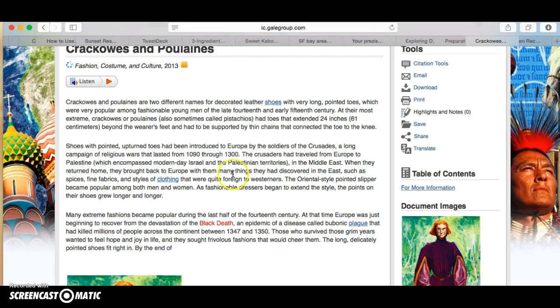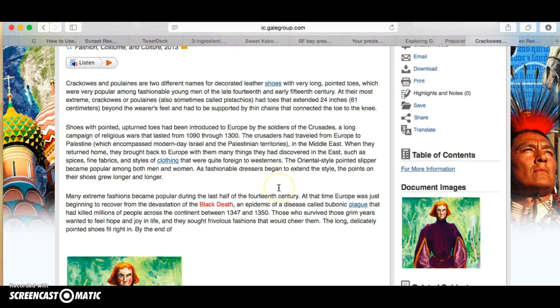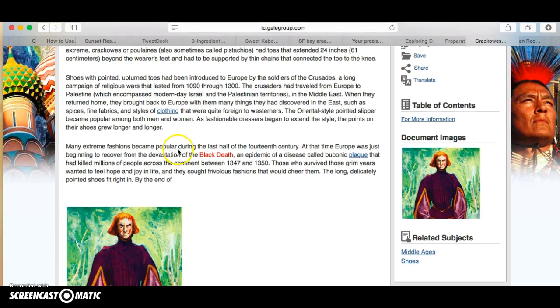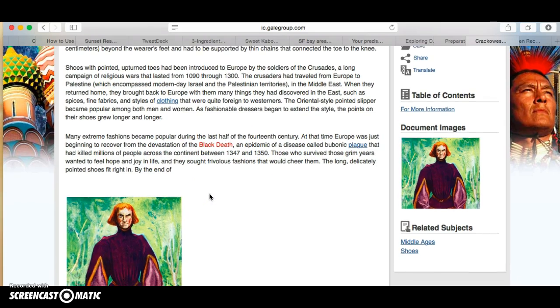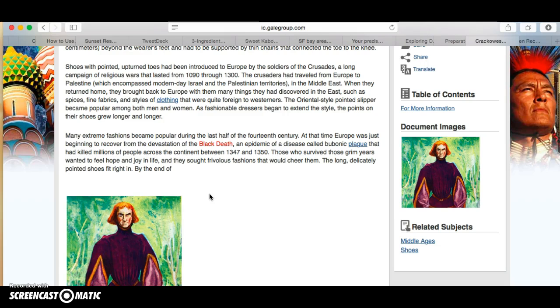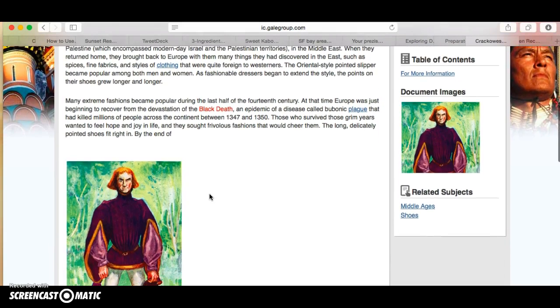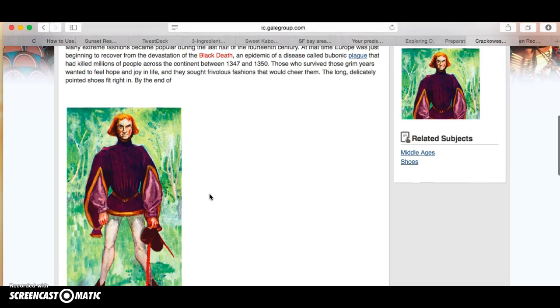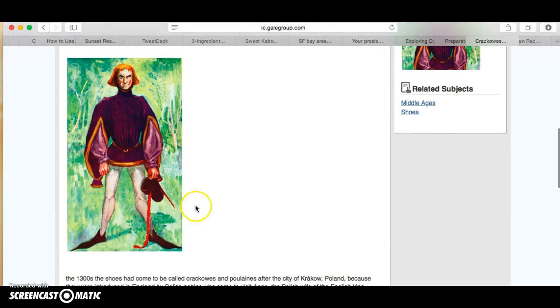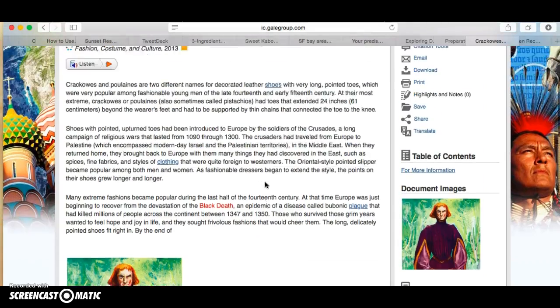Shoes with pointed upturned toes had been introduced to Europe by the soldiers of the Crusades. This is so funny. Many extreme fashions became popular during the last half of the 14th century. At that time, Europe was just beginning to recover from the devastation of the Black Death. Those who survived the grim years wanted to feel hope and joy in life and sought frivolous fashions that would cheer them. Oh my goodness.